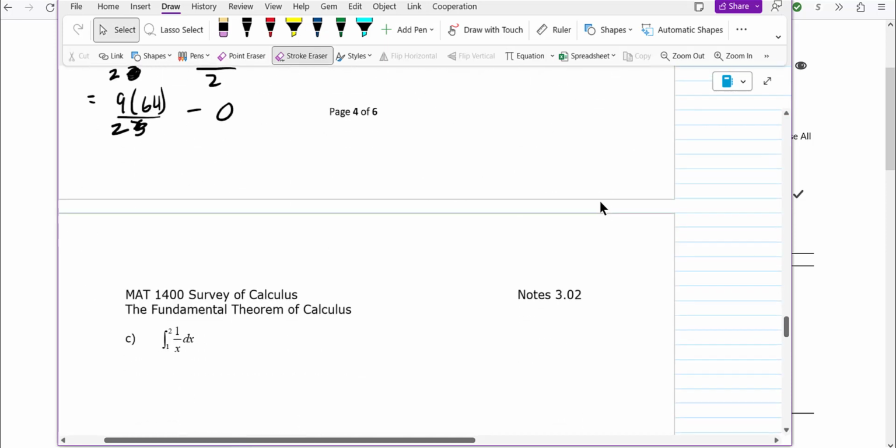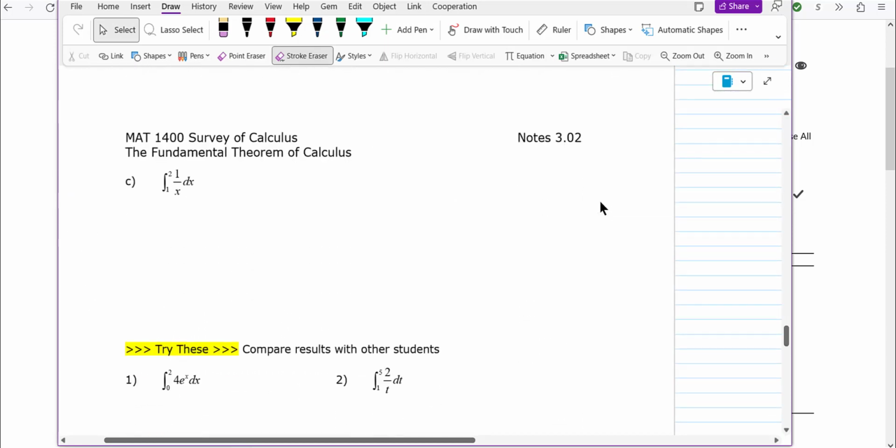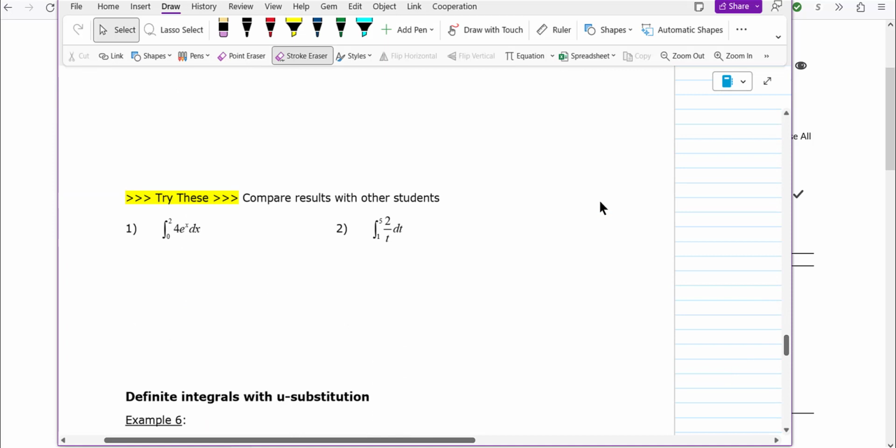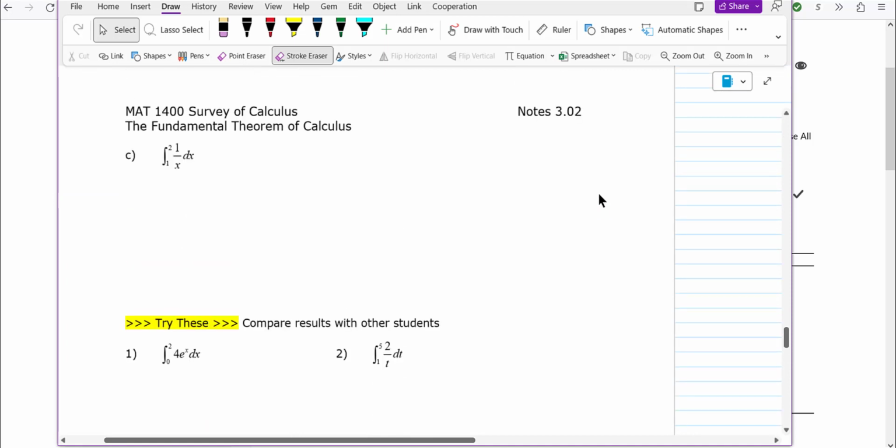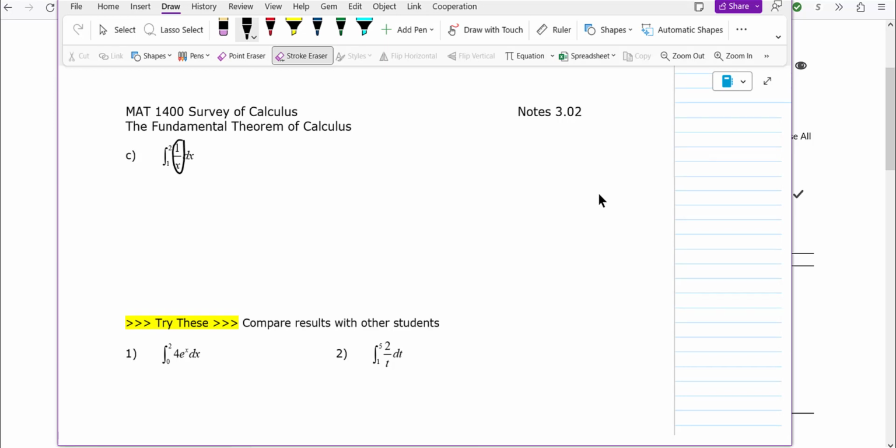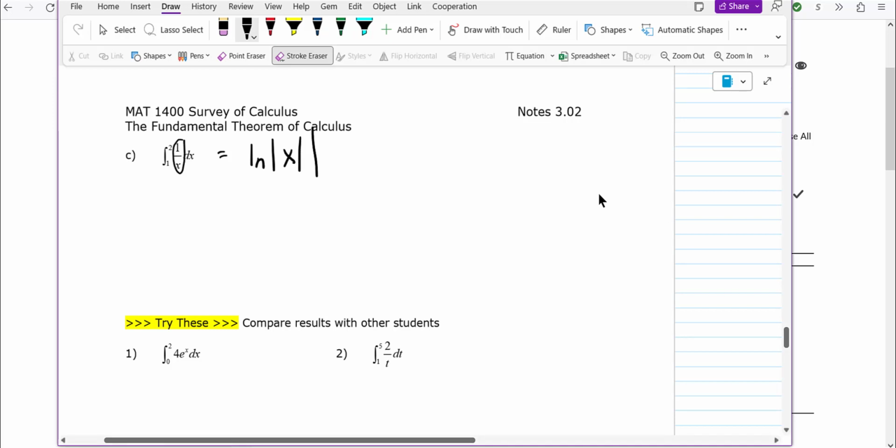Okay? All right. Let's do one more of these, and I'll let you do a couple of problems real quick. Then we'll do the u sub, which is a little bit harder. Okay, so what is the antiderivative of 1 over x? ln, absolute value of x. You do not put a plus c, okay, because this is a definite integral. I see students do that a lot.